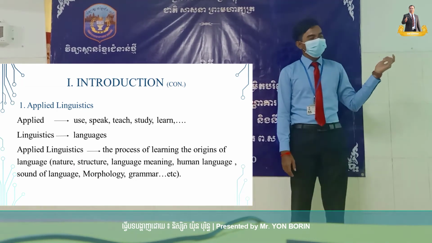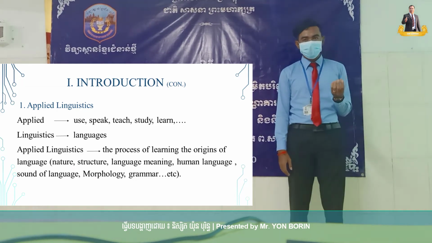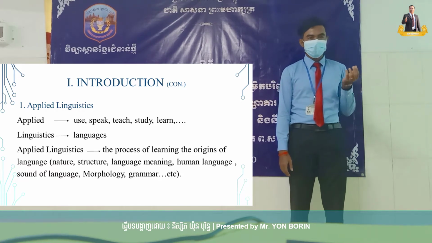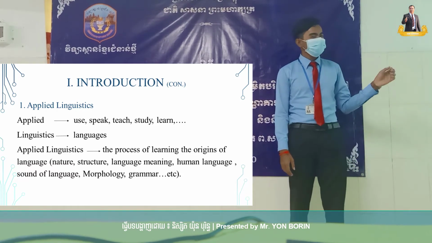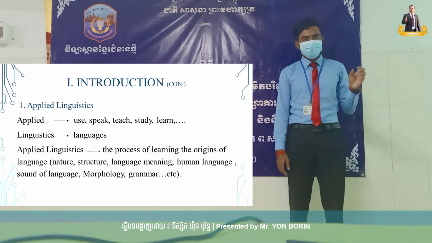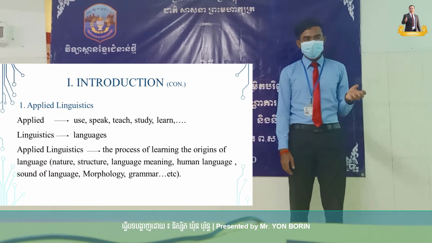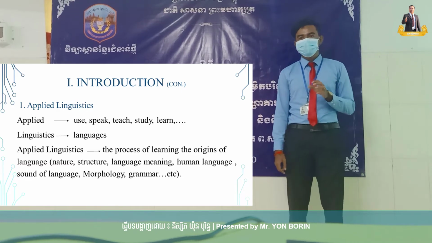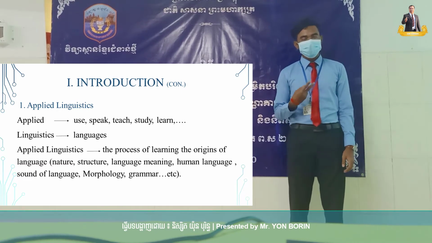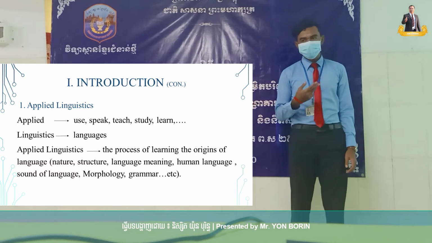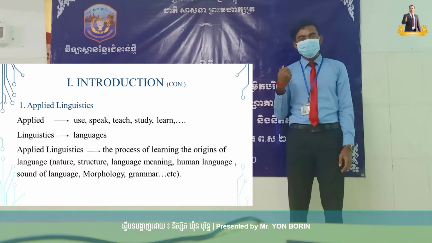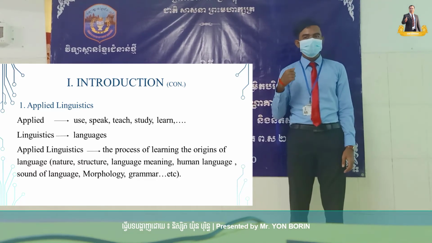Linguistics means the scientific study of languages. And applied linguistics is the process of learning the origin of the language, including nature, structure, sound of the language, meaning, the human language, morphology, grammar, and etc.